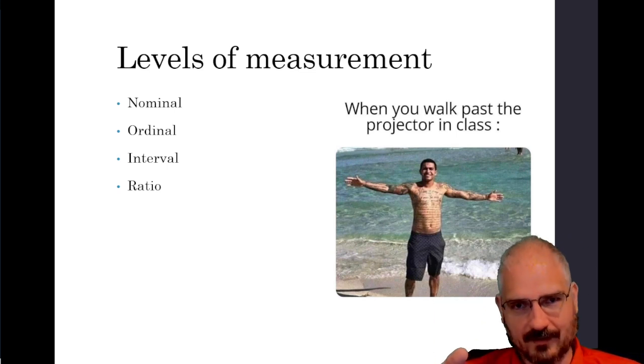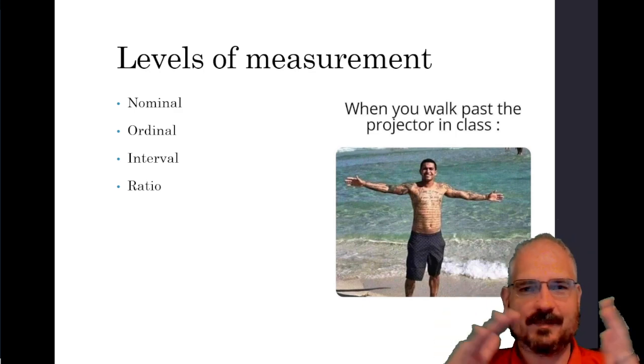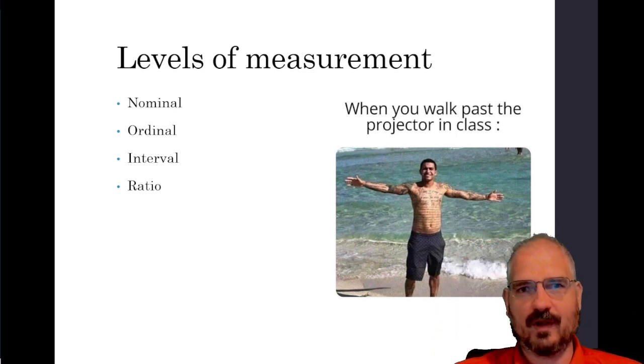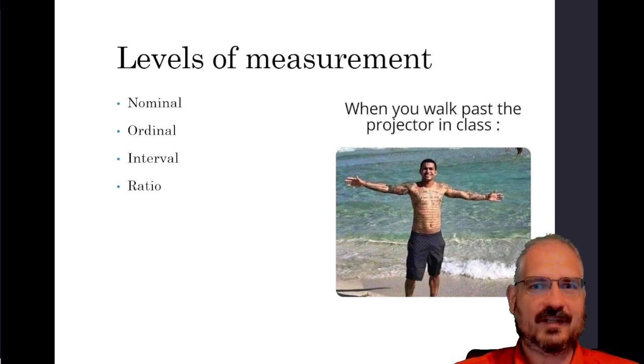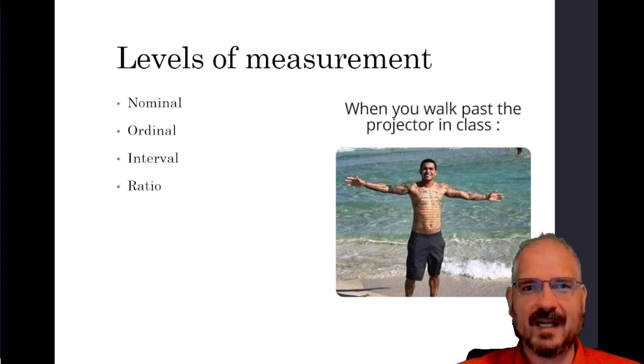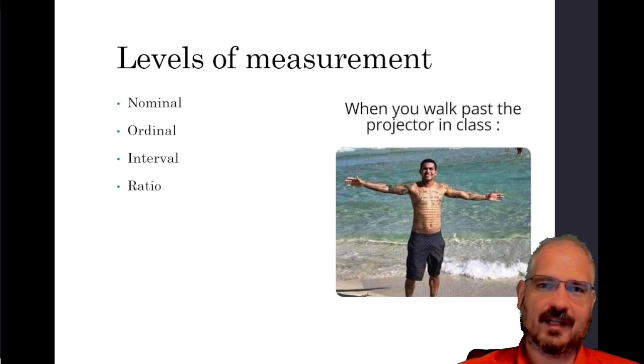With ordinal level of data, you can rank them, but the distance between each one is not necessarily the same, right? So if you go to a fast food place other than Starbucks and you want a drink, there are kind of three choices, right? Small, medium, and large. And you can rank those. Large is bigger than medium, and medium is bigger than small, but the distance between them is not necessarily the same.